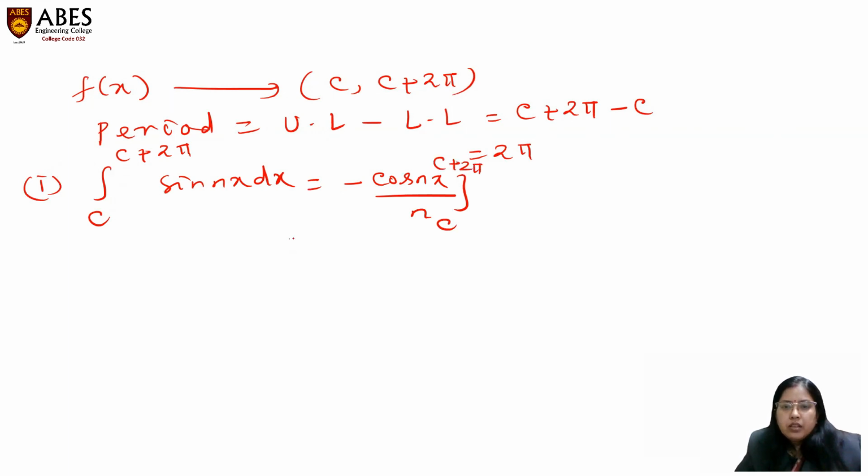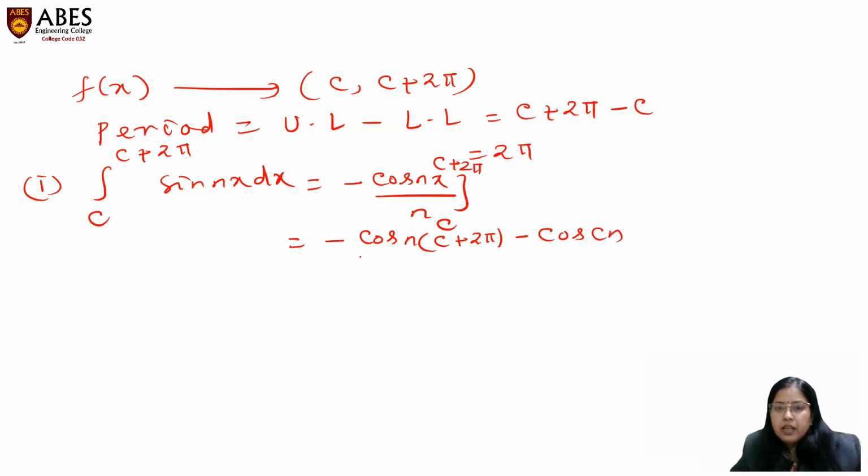You know that is minus of cos n, x के जगह हम सब्स्टिट्यूट करेंगे c plus 2 pi, minus of cos, we can find out this value, that is cn, divided by n.